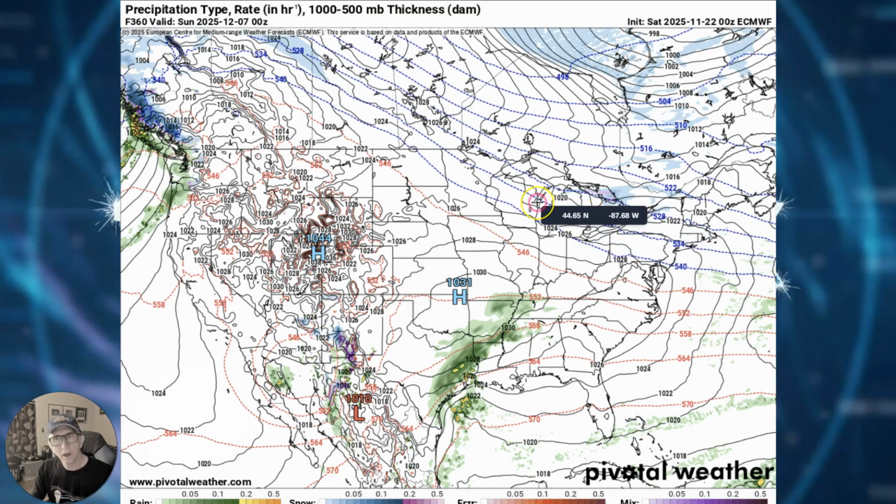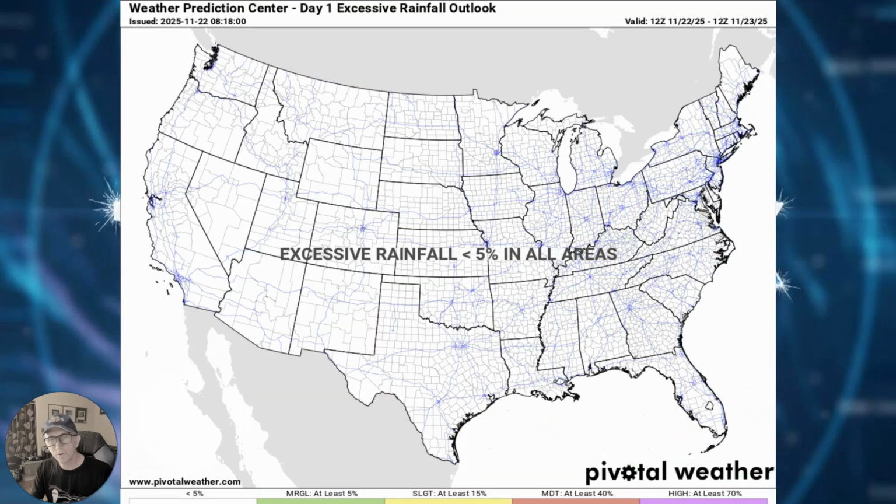So, real quickly, I'm going to go over the excessive rainfall outlook as well, and the severe weather outlook for the next few days, and that'll be in the video today. As far as excessive rainfall goes, less than 5% in all areas today, which is good news, right?